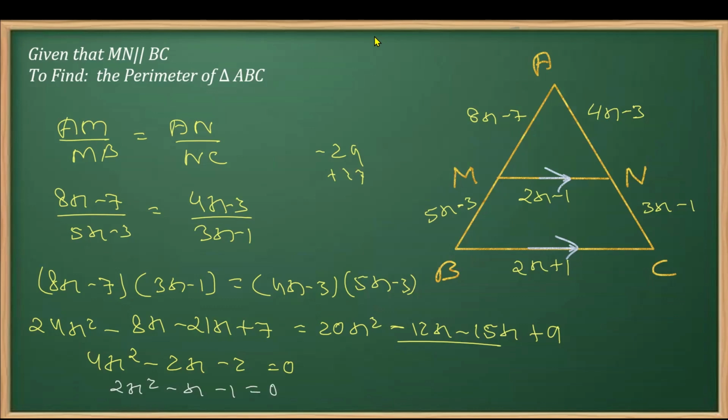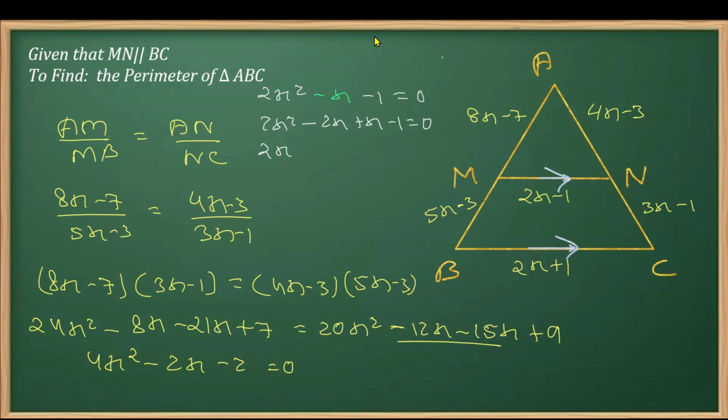Now, in order to get the value of x, we'll do factorization. For factorization, we can either use the quadratic formula or middle term splitting. We split this minus x in the factors of minus 2: 2x square minus 2x plus x minus 1 equals 0.